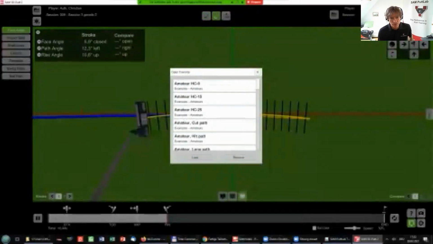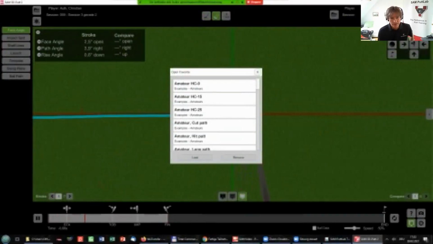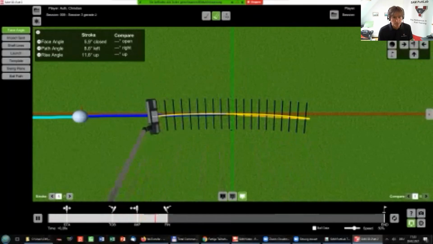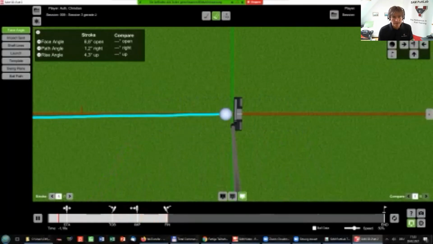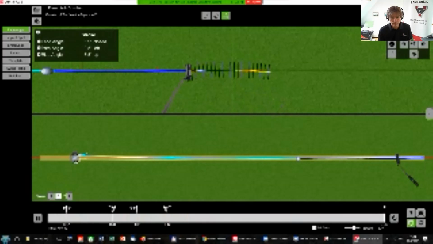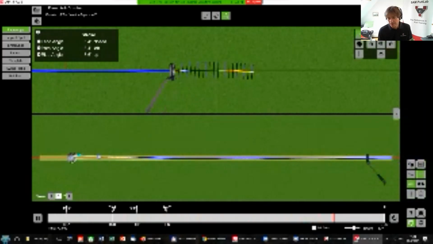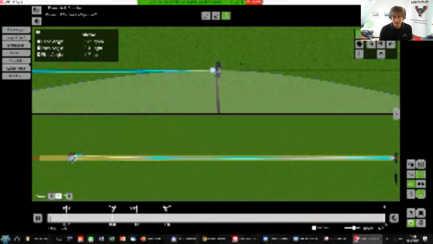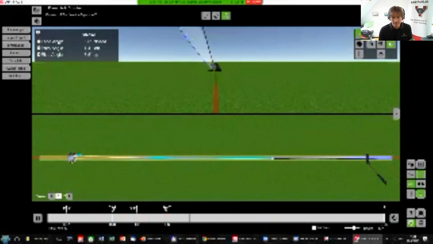I can do a split screen, where you can see your putter in the upper half and the ball in the lower half. And then I might add, for example, your swing plane, and so on. So these are all options which are available in 3D.